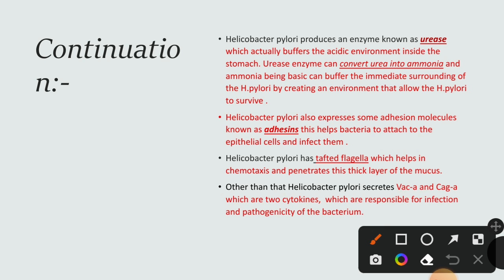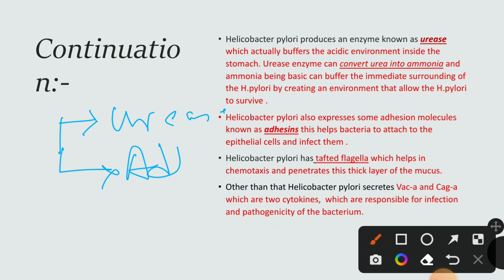So the first step is the secretion of urease. This urease will ensure Helicobacter's survival by conversion of urea into ammonia. The second step is the production of adhesin. This allows Helicobacter pylori to attach to and penetrate or infect the epithelial cell.